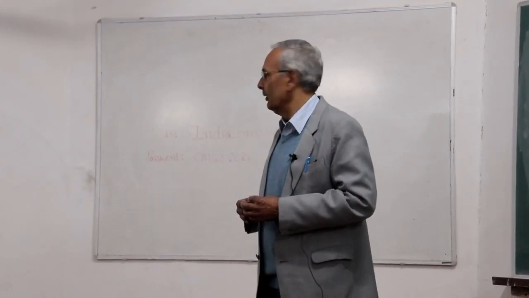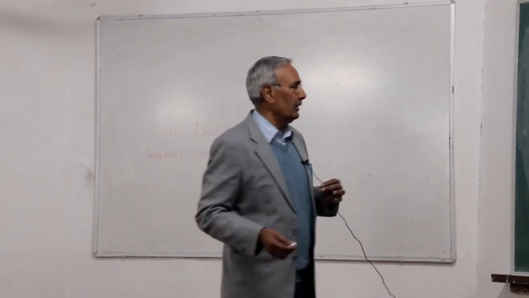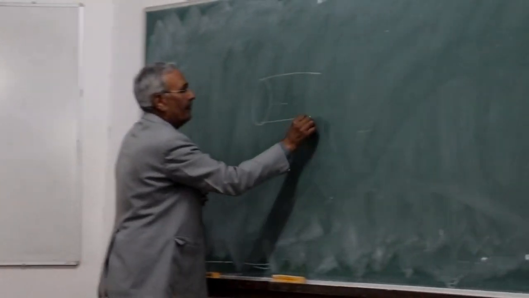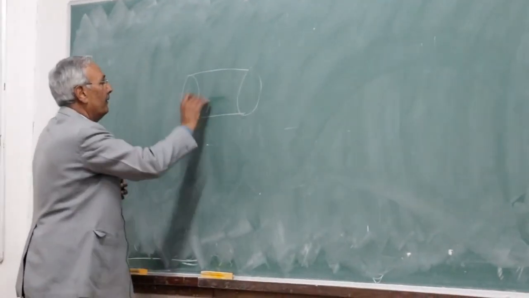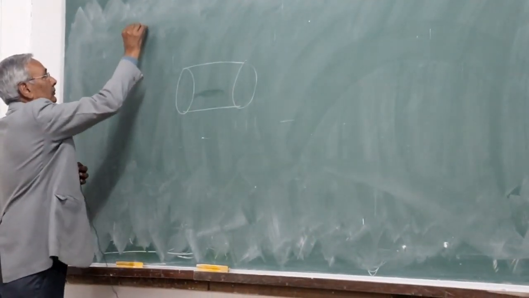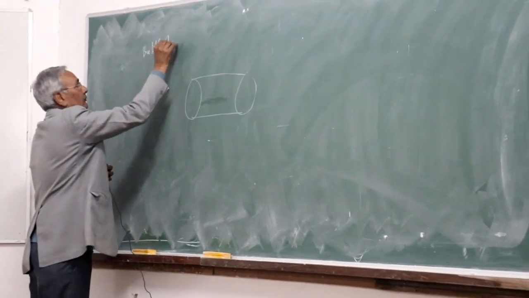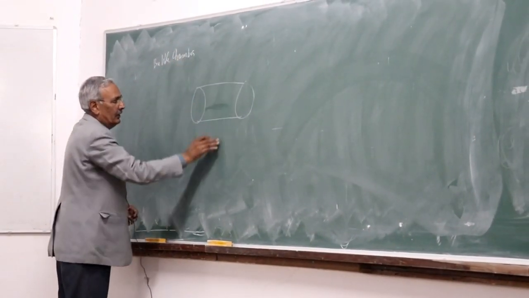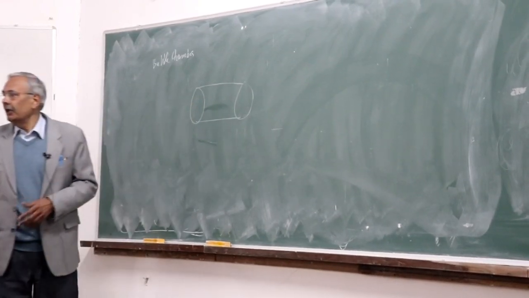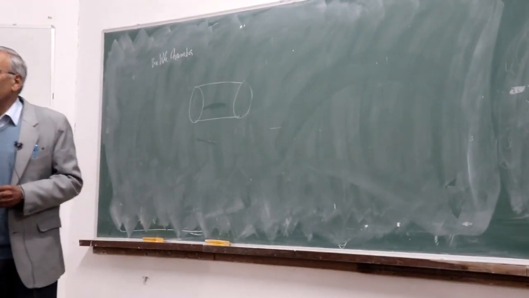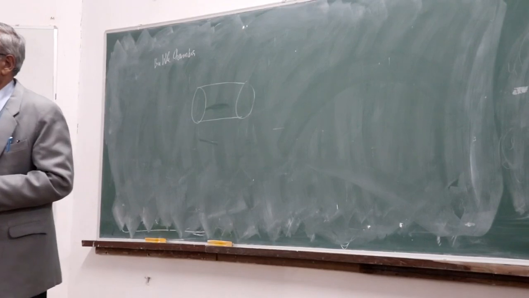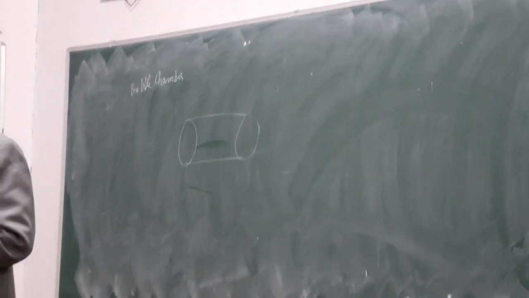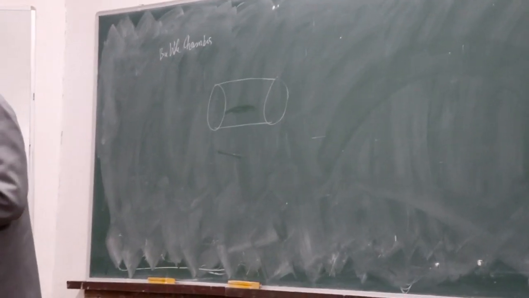What is a bubble chamber? A bubble chamber is nothing but a chamber, you can consider it like a cylinder. Okay. It has a fluid filling, and what is it? You will consider something which can produce the tracks, as well as become a target.